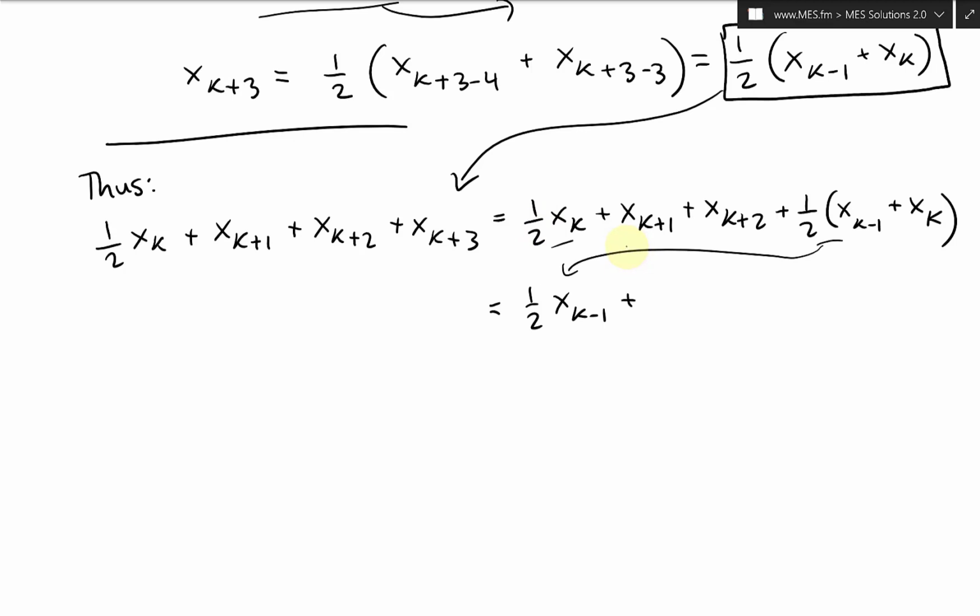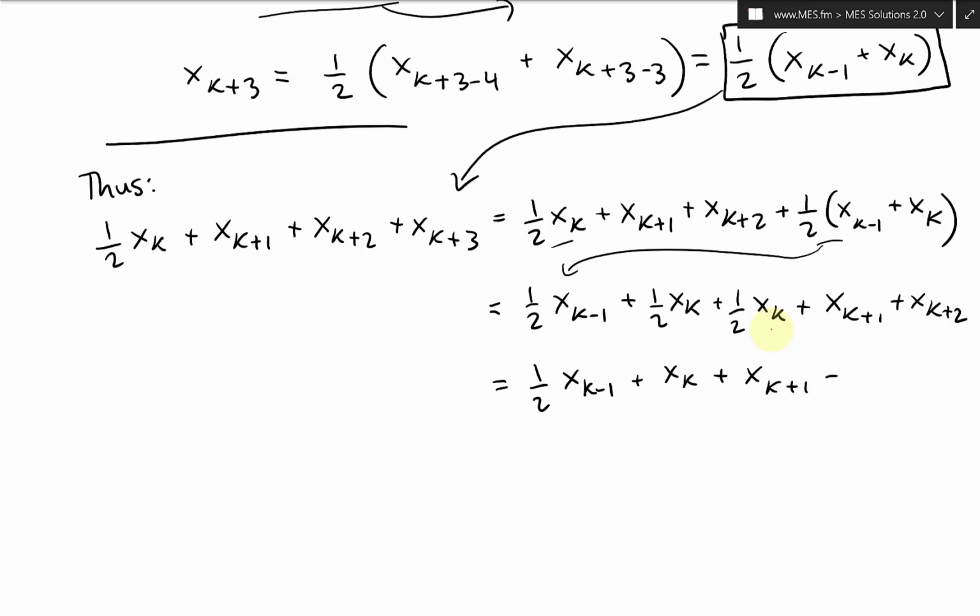Well, I'll just add it for completeness: 1/2 x_k plus 1/2 x_k, and then plus x_(k+1) plus x_(k+2), like that. This equals 1/2 x_(k-1), and now these add up, this just becomes 1, so x_k, and then plus x_(k+1) plus x_(k+2).